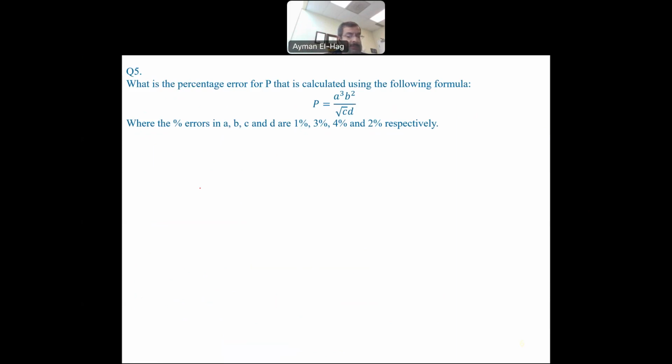Now, the percentage error would equal, start with the first number, the exponent here, 3 times the percentage error of A, and then you add B squared, so it becomes 2 times the percentage error of B. Now for the item that is divided, you also add the error, but this is the root, or a half, so this is 1/2 times the percentage error of C. Finally, D is by itself, so it is the percentage error of D.